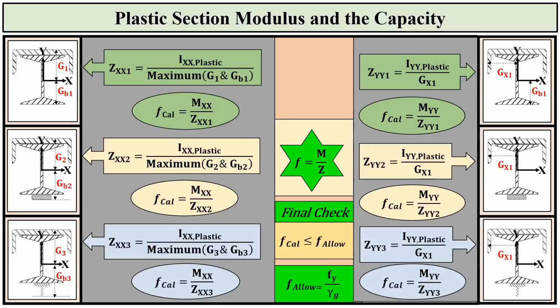The formula for F, allow, is equal to the yield strength, Fy, divided by the partial safety factor, gamma g. If this condition is met, it means our section has enough capacity, and the gantry girder design is safe and structurally sound.